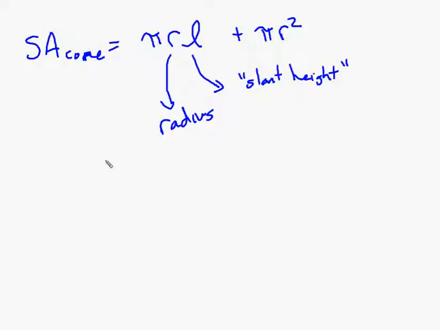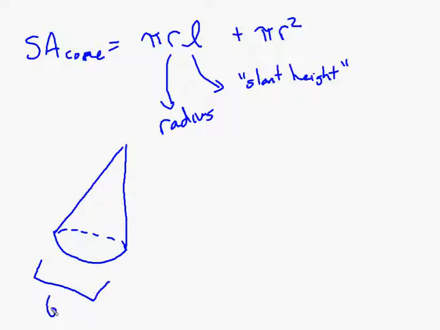So, if we have a cone, we'll have something like this. And maybe I'll give you this. Notice that this would be slanted. So if I were to draw this center down and form a right triangle, I'm actually using the hypotenuse of that triangle for my slant height.